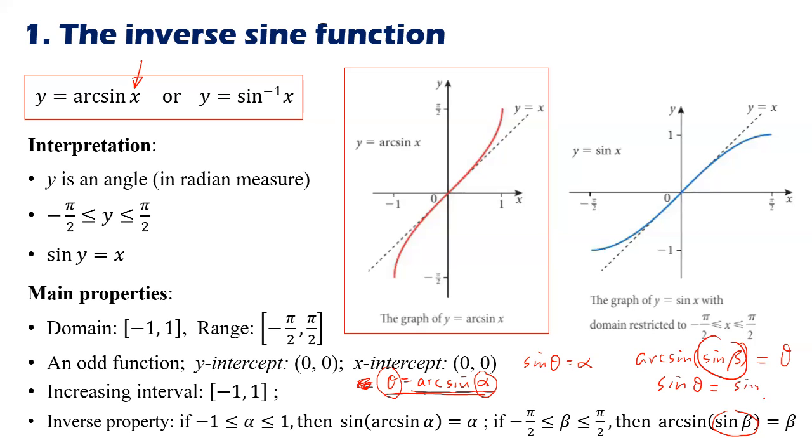So sine theta equals sine beta. And because beta is within -half pi to +half pi, in this interval the function is monotonically increasing, right? So theta must be equal to beta. So we have the relationship here, arcsine sine beta equals beta, okay?